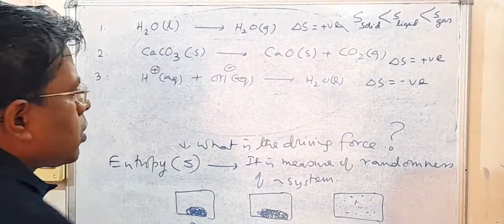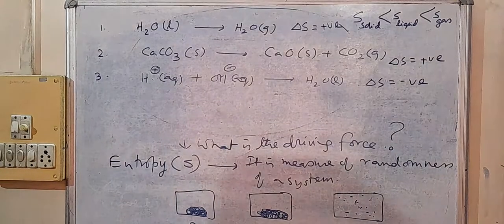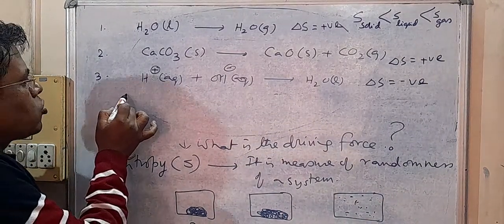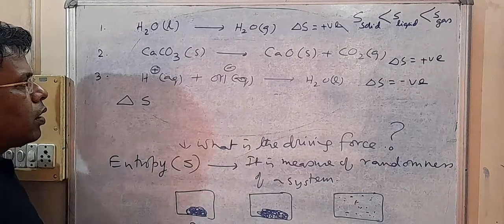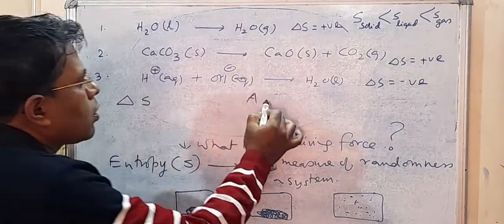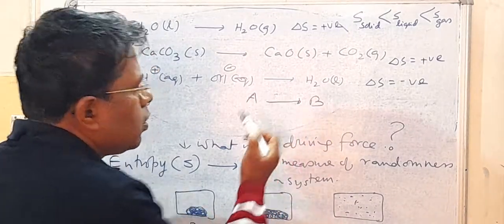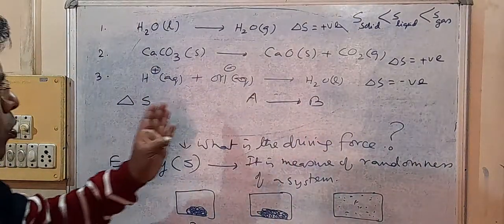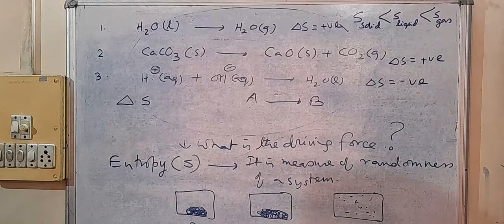Now to end today's class, let me define entropy change. Suppose a process is taking place from A to B. What is the entropy change for this process?